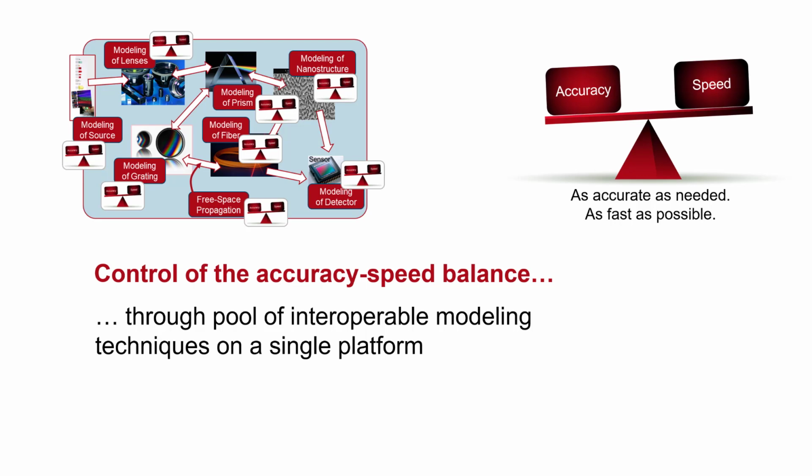So this interoperability of modeling techniques is not just something that we talk about, it has become quite a tendency in the field, but something that is exclusive to the VirtualLab Fusion software is the fact that everything happens on a single software platform. This has several advantages.